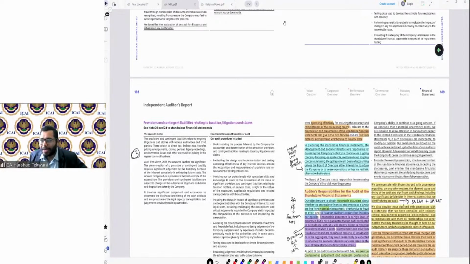It helps you understand which are comparative information. It can be either corresponding figures or comparative financial statements. It helps you understand what these things are and how you need to report these items in the audit report. Okay, so let us see.